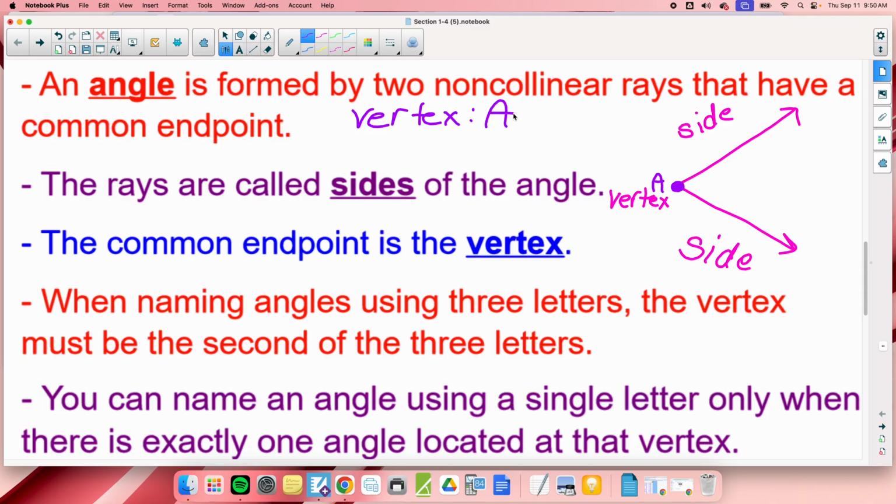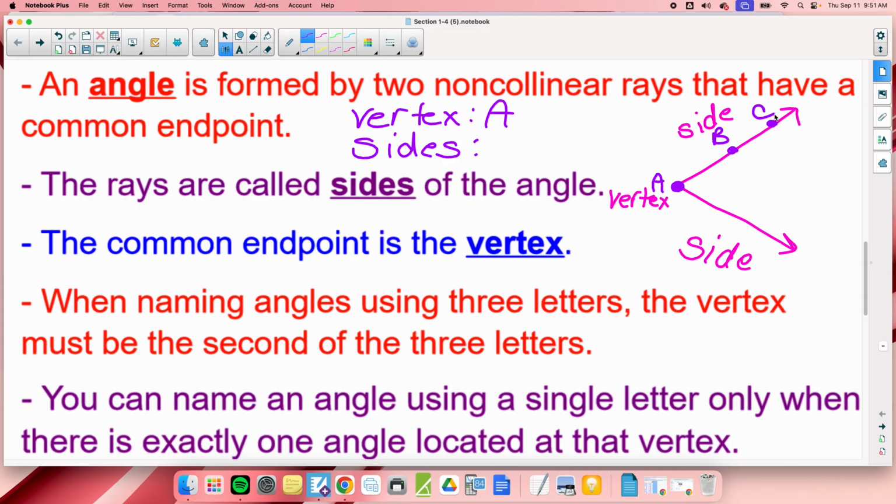When they ask you to name the sides, you name the sides as rays. Say this was A, B, C. What letter has to come first? A, but then you could name it AB or AC.